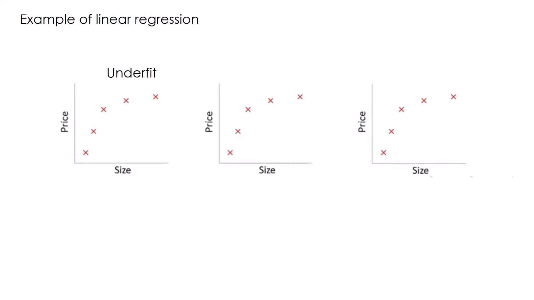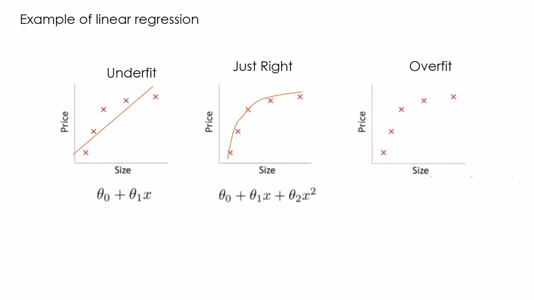The first one is underfit. The curve for underfit will be drawn on the data. It's like a linear graph, and the equation will be theta 0 plus theta 1x. The second one is just right, and the graph for just right will be this kind of curve, and the equation will be theta 0 plus theta 1x plus theta 2x squared.